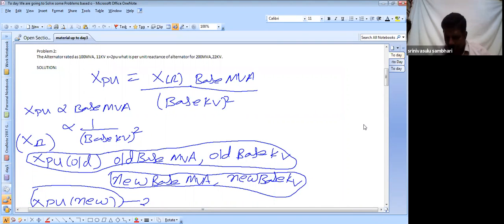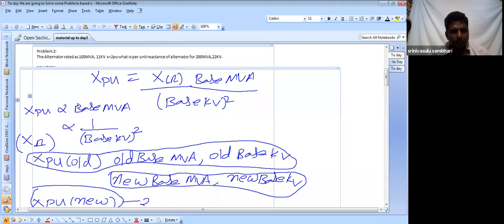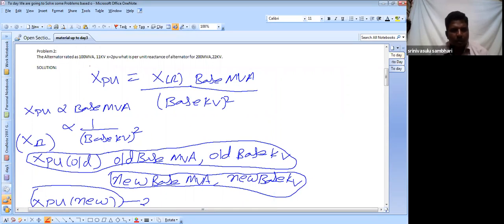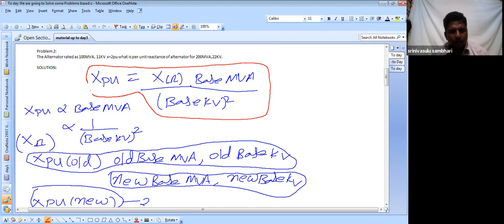Now here, normally what is the X per unit we have written? Generalized formula is X per unit equal to X in ohms into base MVA by base kV square. Now it is a generalized formula for the per unit reactance in terms of base MVA and base kV.